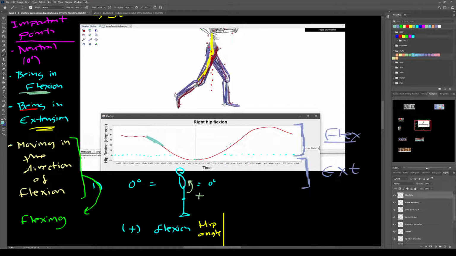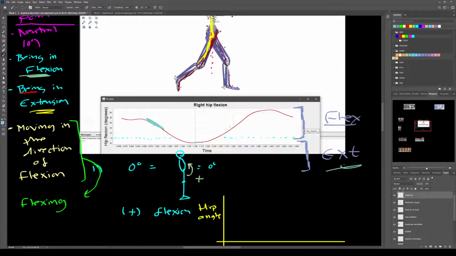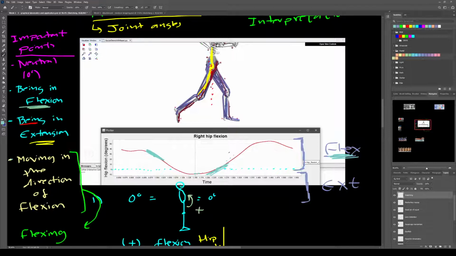So when the slope is negative, that means we're moving in the direction of negative. We defined negative meaning extension. And if the slope of this curve is positive, that means we're moving in the direction of flexion, because we defined positive as flexion. If that didn't make any sense to you, if you haven't done calculus, don't worry about it, but it might be a useful way of thinking about this if you have been exposed to that idea before.